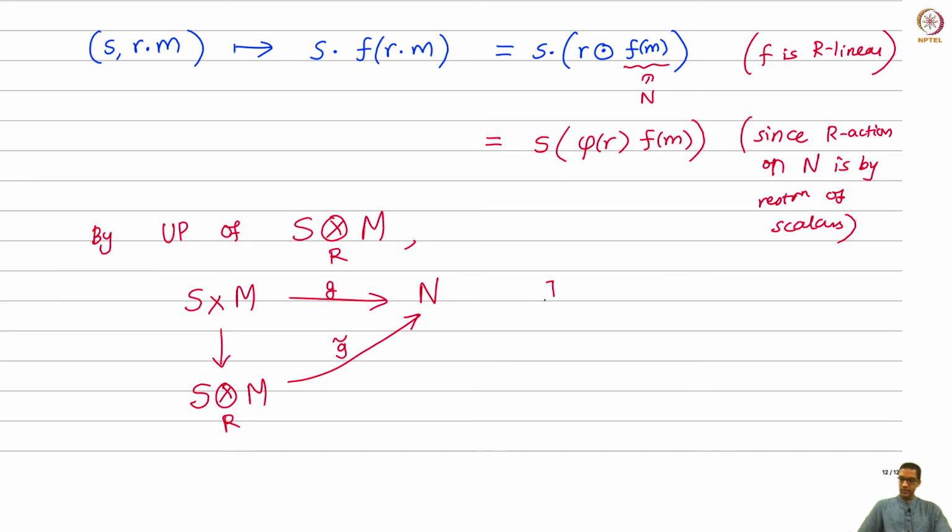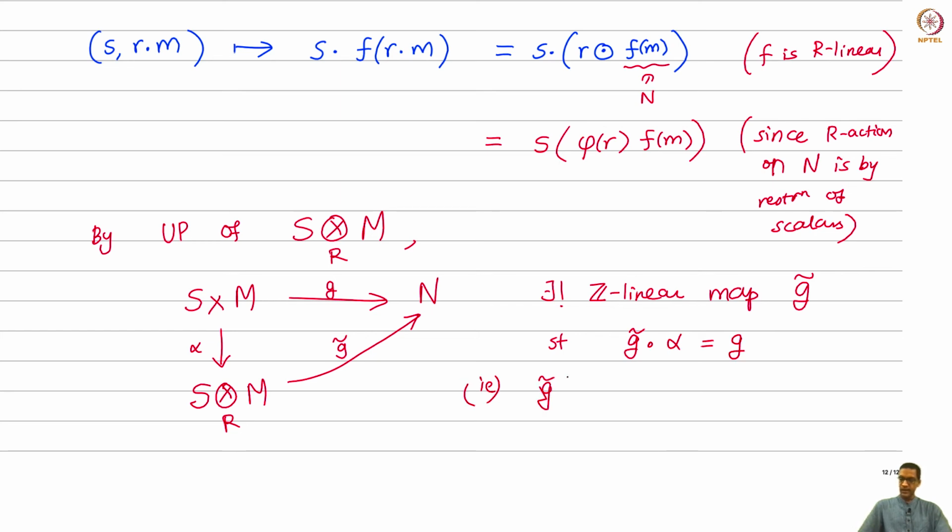Okay, so there exists a unique what sort of map? Well, this is a Z-linear map, right, that was the original universal property, such that G tilde composed with alpha is G. I.e., what does that mean?